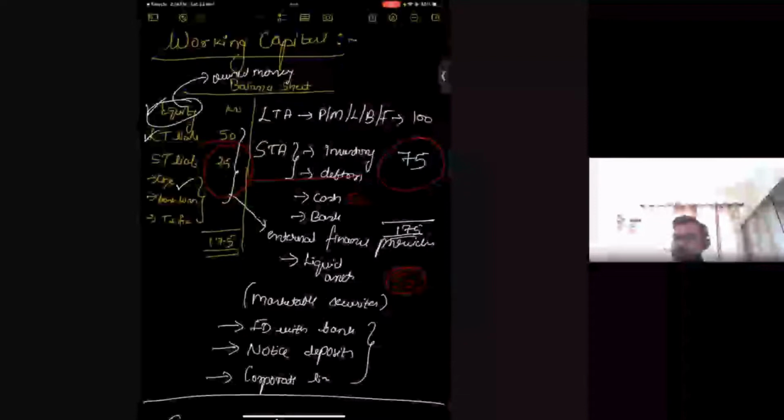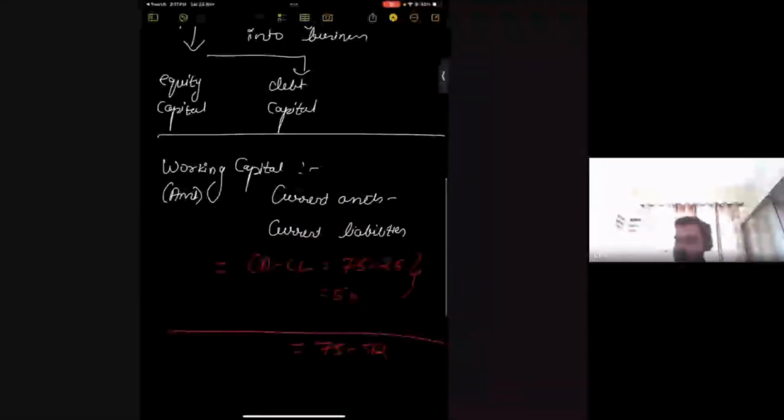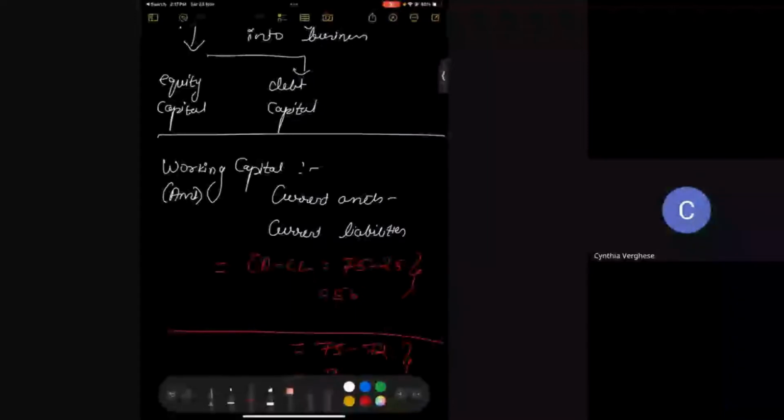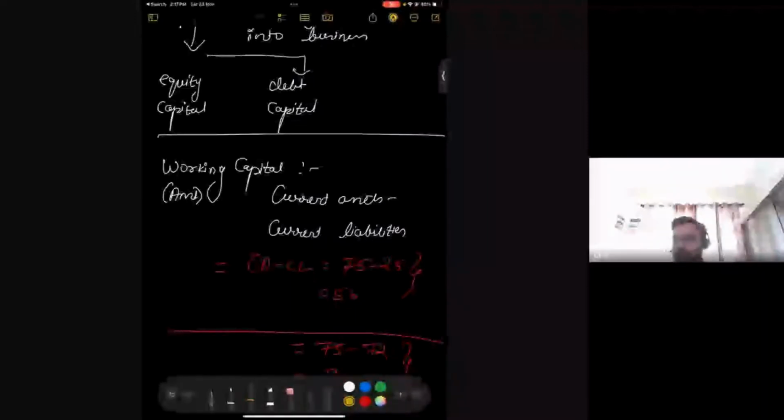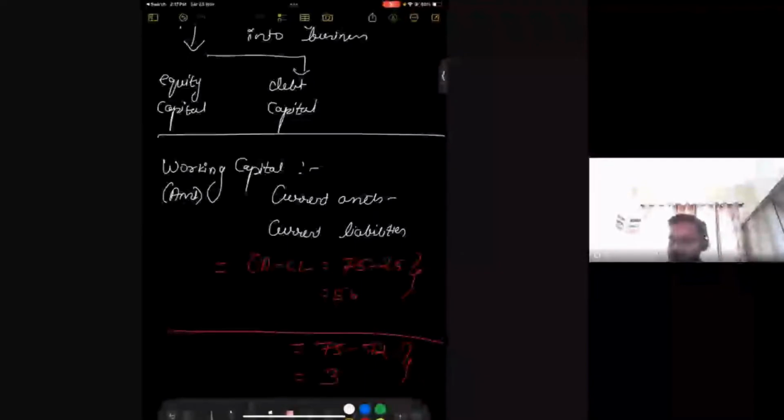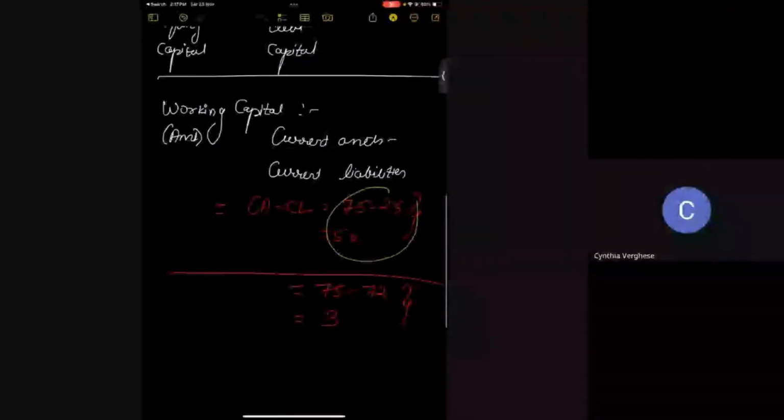Would you be happy if you had 75 minus 25, or would you be happy if you had 75 minus, let's just say, 72? Is this a better situation, or is this a better situation to be at? The first one is the better situation. Why? Because you have more assets.